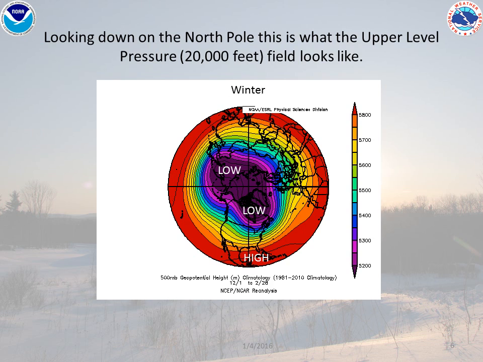But the main point of this is the polar vortex is always there. So in the wintertime, when the sun angles are the lowest and the sun sets in the Arctic, the temperatures get very, very cold. In the purples and the blues here is where the pressure is the lowest in the middle altitudes. Therefore, that's where the coldest air is. And then down along the periphery here near the equator, in this case looking down on the North Pole, so the equator is towards the edges, it is warm.